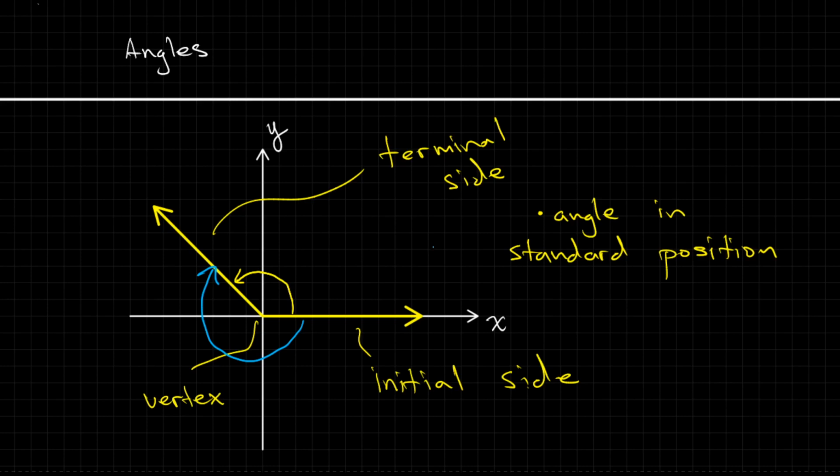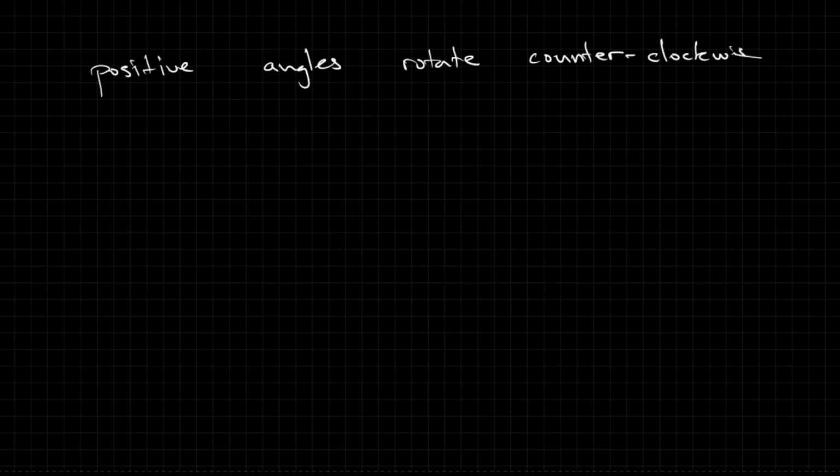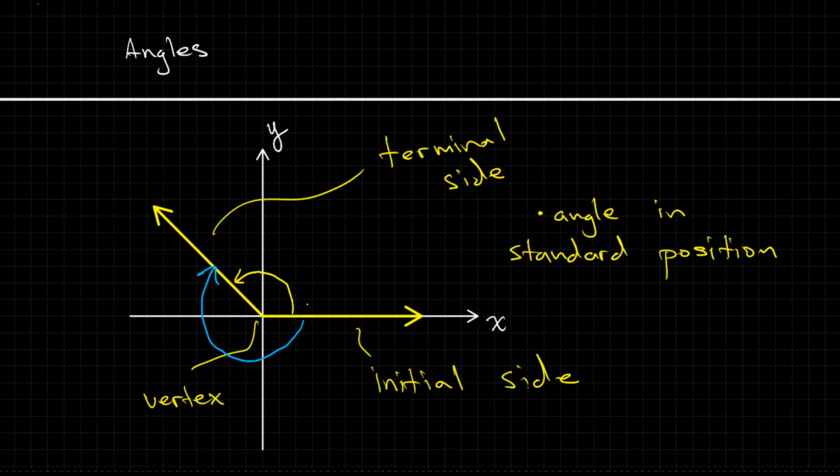If you rotate counterclockwise, we say that angle is positive. So positive angles rotate counterclockwise. So that would be my first example, the yellow one, which I'll bold in here.